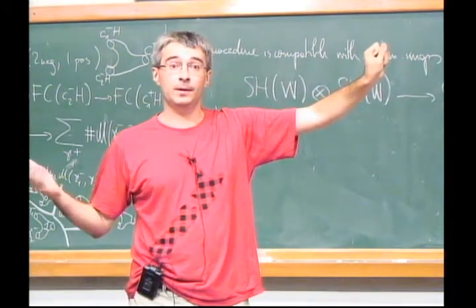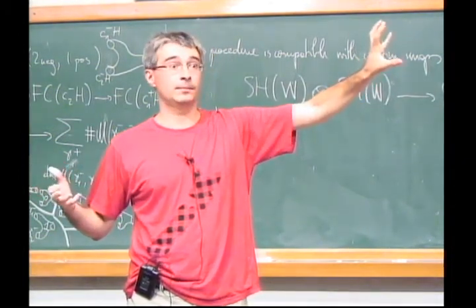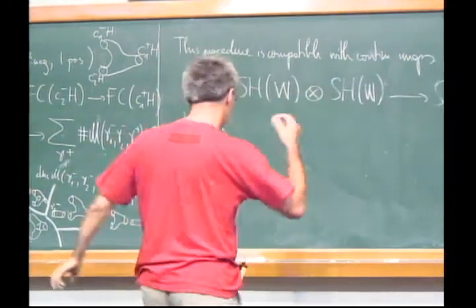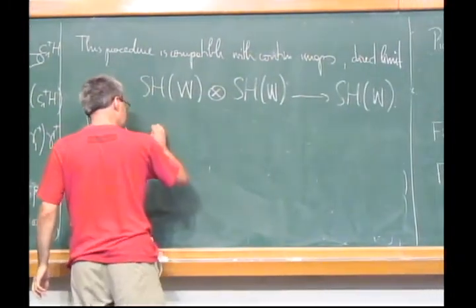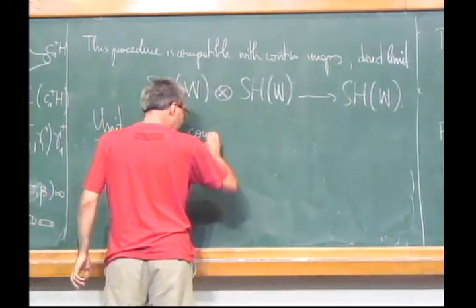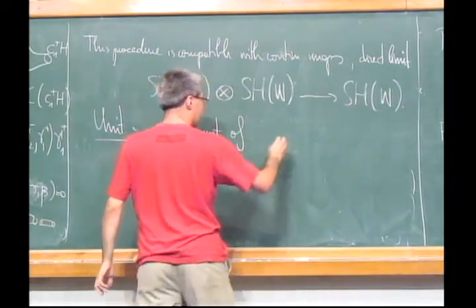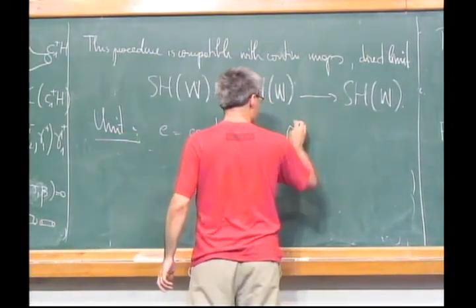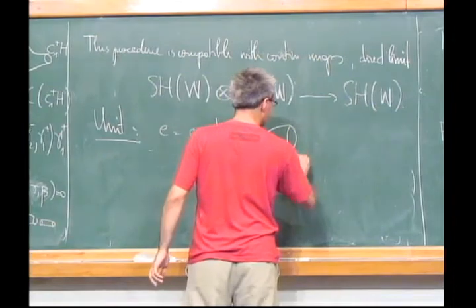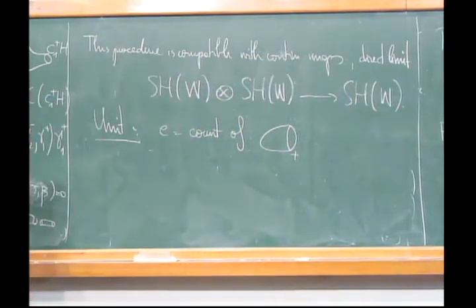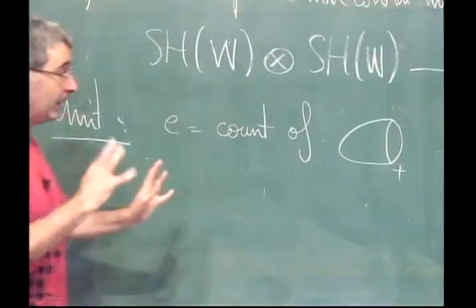Nothing comes in, something comes out, the element. So the unit is a count of this positive puncture. Yeah? For any Hamiltonian.